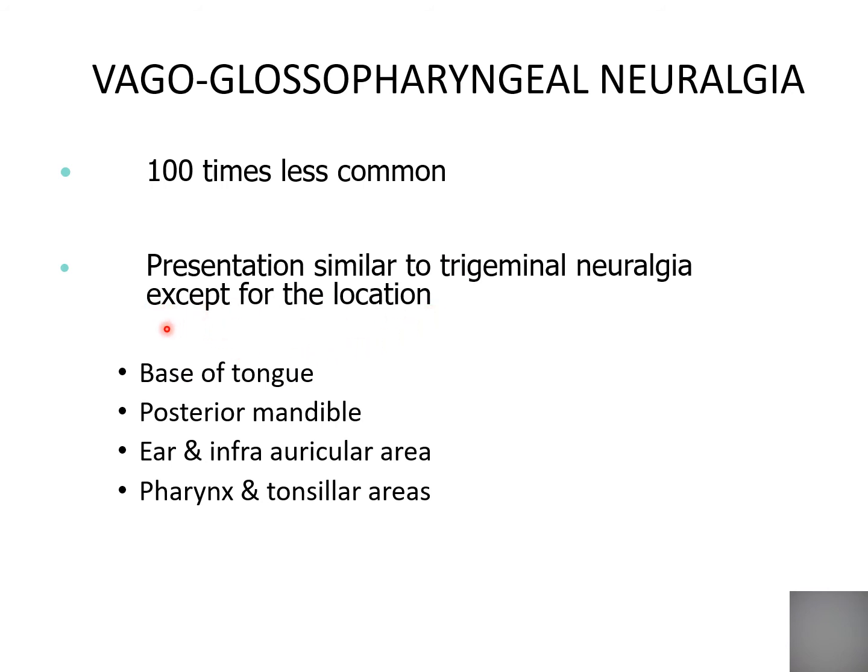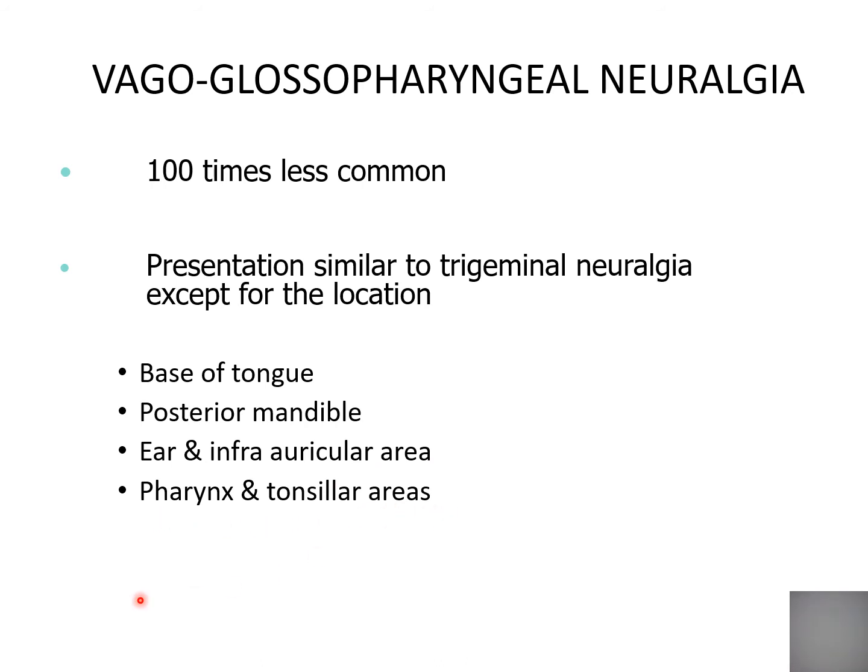So any of the following regions may be involved by pain associated with vago-glossopharyngeal neuralgia, that is the base of the tongue, the posterior mandible, the ear and infraauricular areas, pharynx and tonsillar areas.